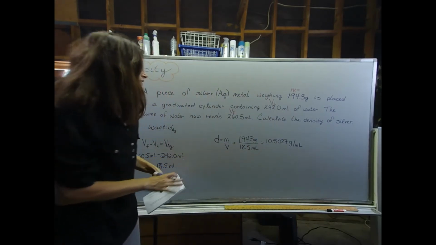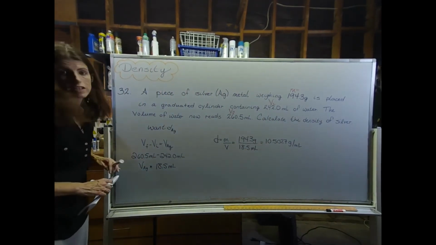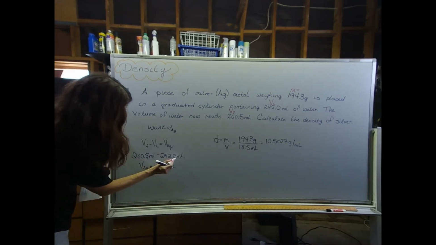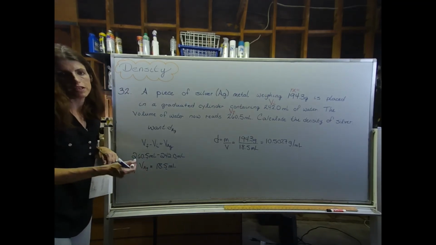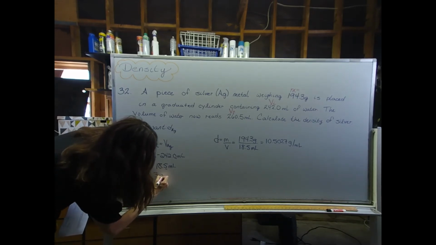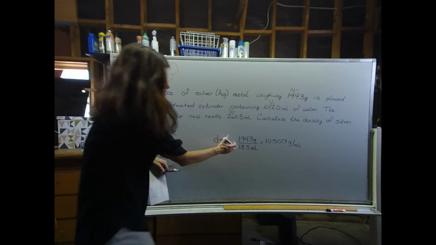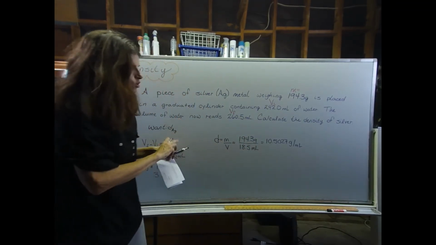Let's check sig figs. So here, since it's subtraction, I'm going to look at decimal places. I have 1 decimal place here and 1 decimal place here, so it's fair to keep 1 decimal place there. This volume then has 3 sig figs with its 1 decimal place. So now I have 4 sig figs divided by 3 sig figs. My final answer can only have 3 sig figs.